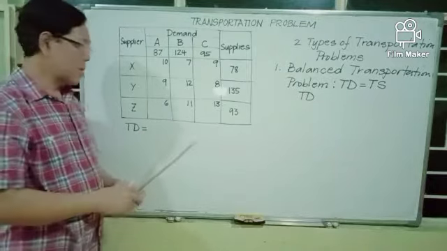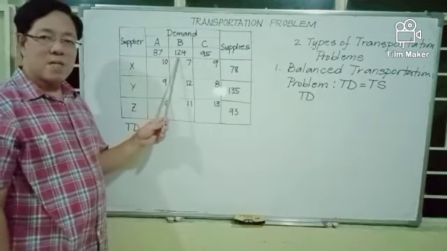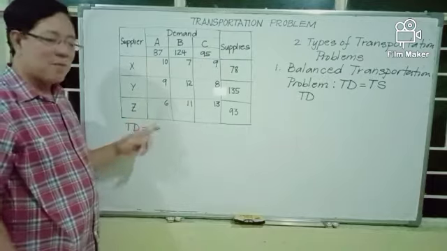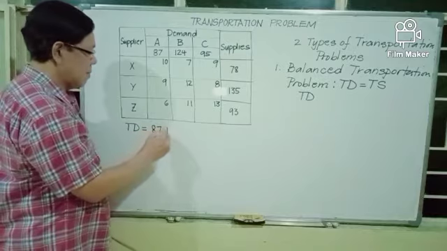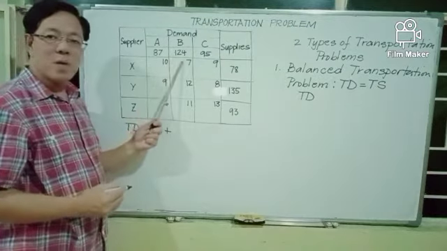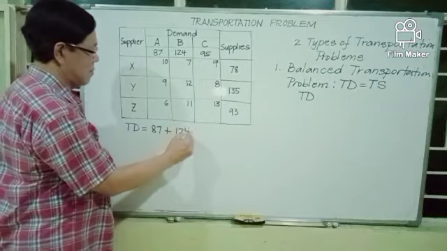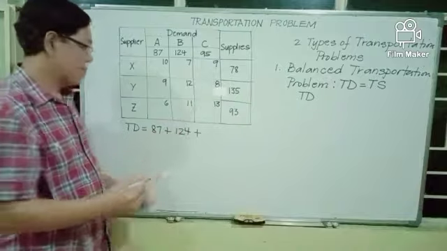To get the total demand, we add the demand of A and the demand of B and the demand of C. We have 87 plus the demand of B, 124, plus the demand of C, 95.